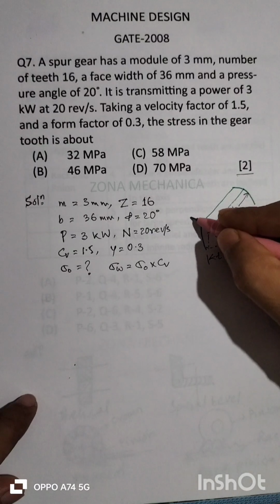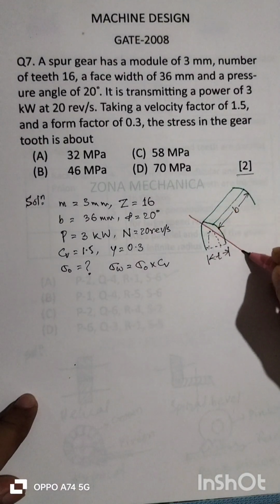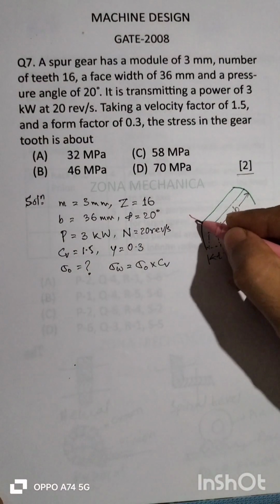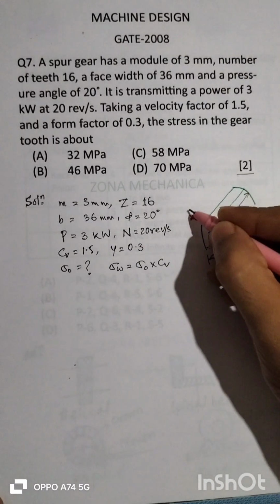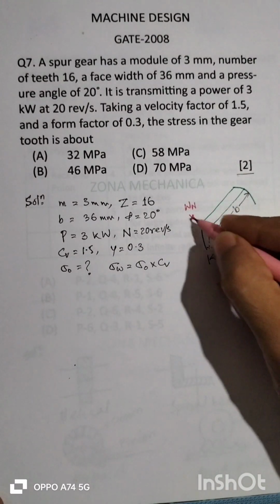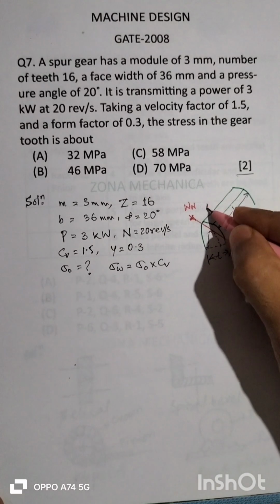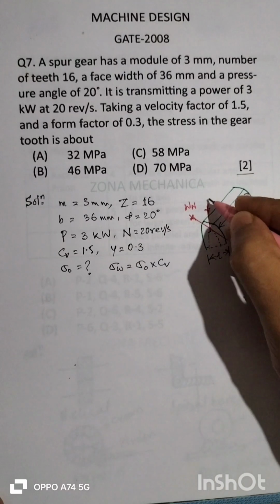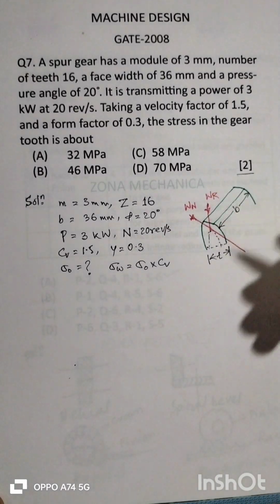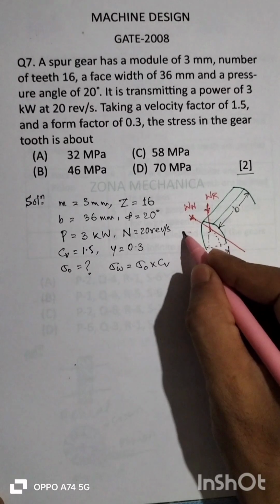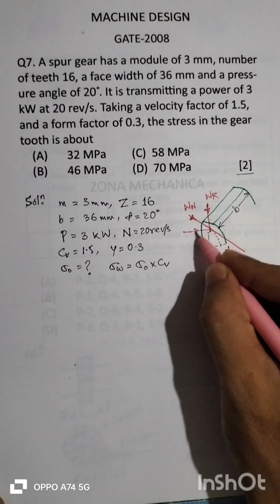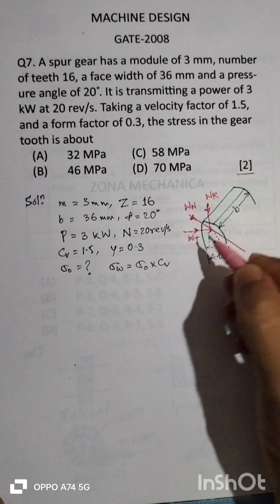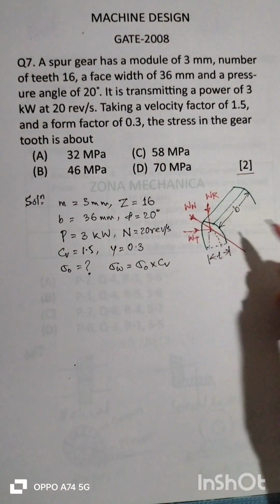If the normal load Wn is acting like this, along a line tangent to the base circle, then its two components are the vertical component Wr, acting like this, and the horizontal component, that is the bending load or tangential load Wt, acting like this.